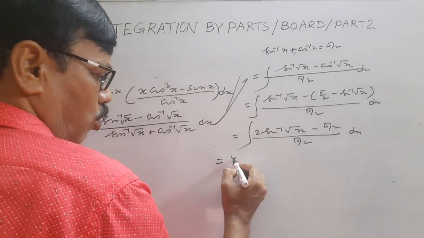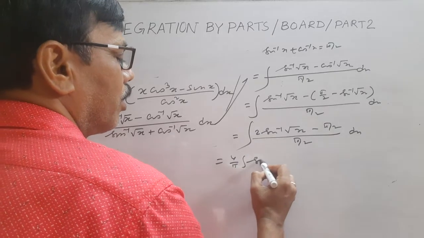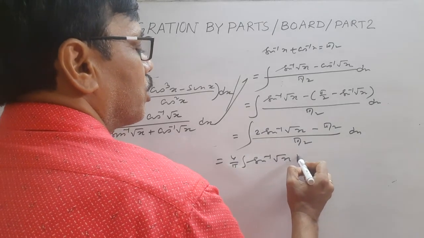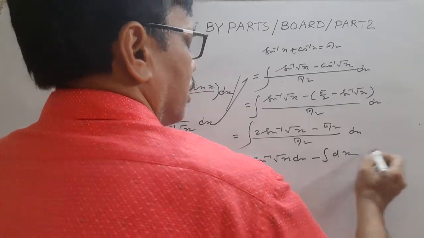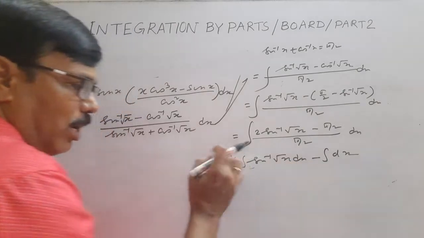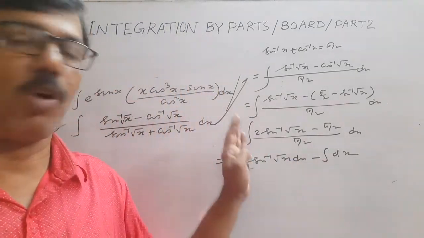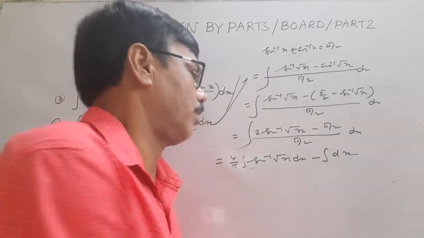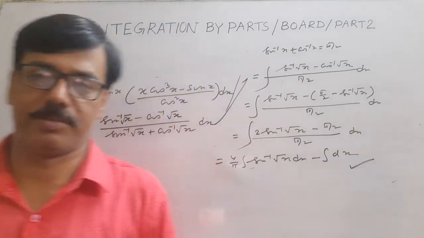So this is 4 by pi, integral of sin inverse root x dx minus integration dx. Now sin inverse root x we have already solved. This is our problem number 1 of this class, and this is dx. So you can integrate it.